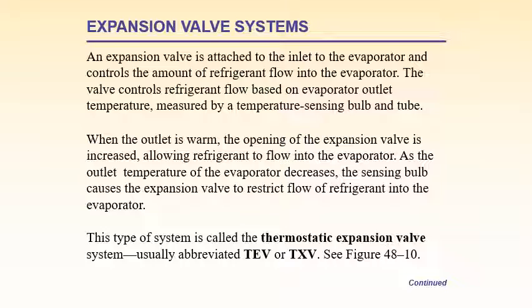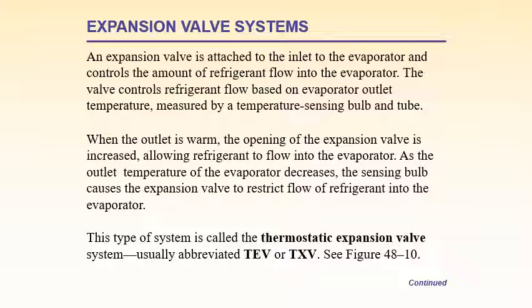The valve controls refrigerant flow based on evaporator outlet temperature measured by a temperature sensing bulb and tube. What happens? The evaporator is the thing in which we are sending the refrigerant, and the air which is to be cooled is flowing around the evaporator. So if the load on the system increases, a large amount of cooled air is required.